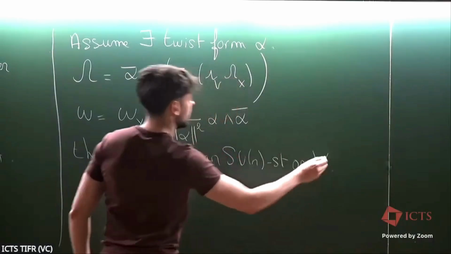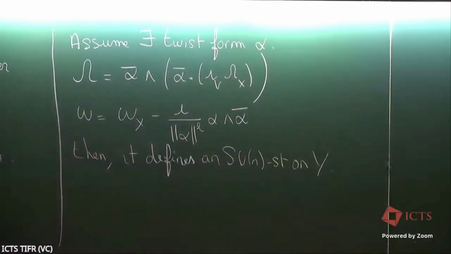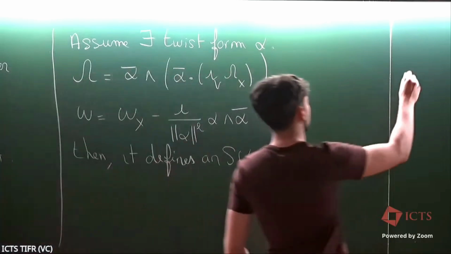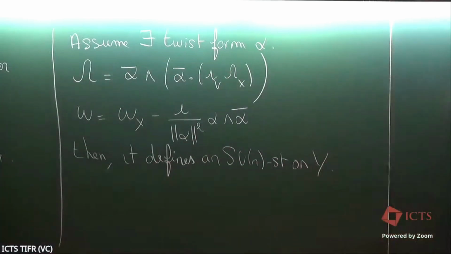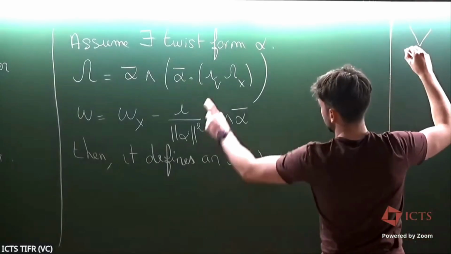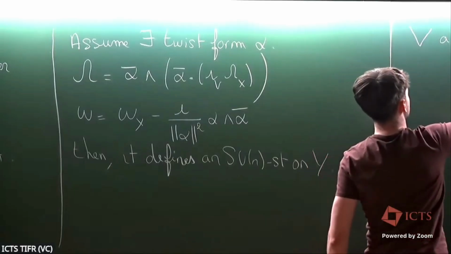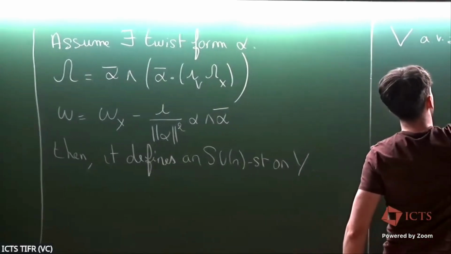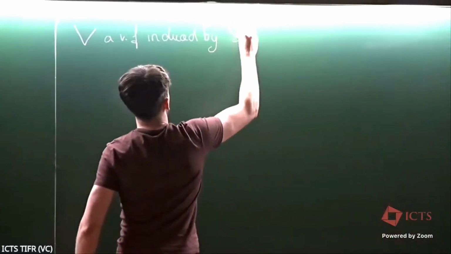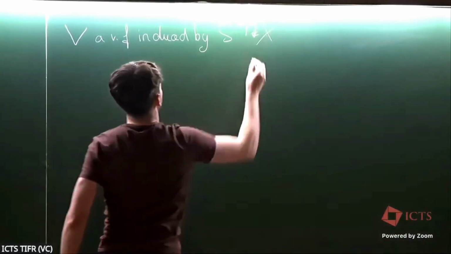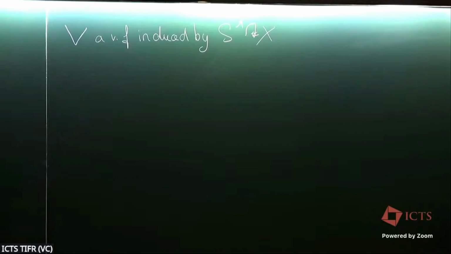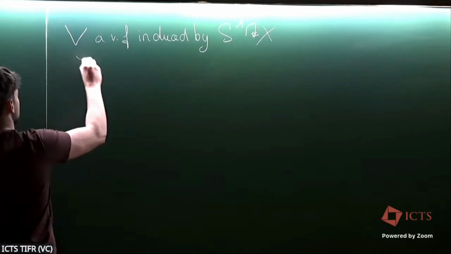Okay, so let me explain what a twist form is, because it's the main assumption of this theorem. To see what this is, let me start by taking V as the V in this statement, a vector field induced by the action. I can look at the Lie derivative of my volume form with respect to this action.